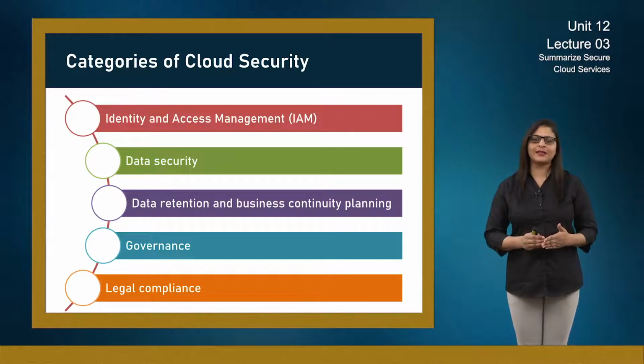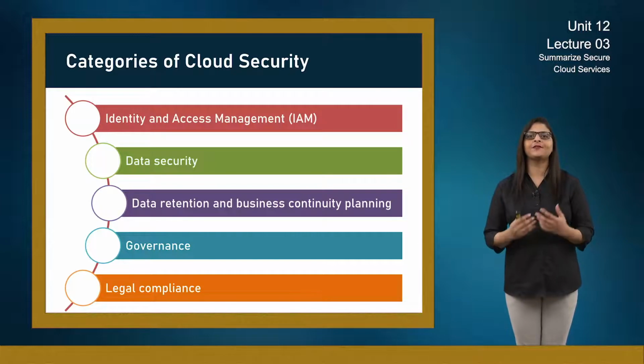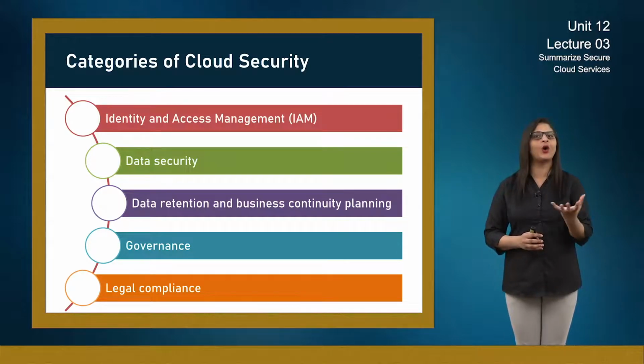Next is legal compliance. Legal compliance revolves around protecting user privacy as set by legislative bodies. Governments have taken up the importance of protecting private user information from being exploited for profit.